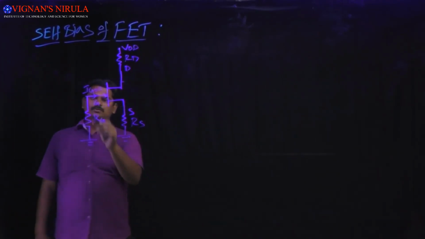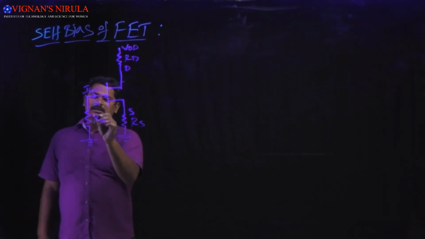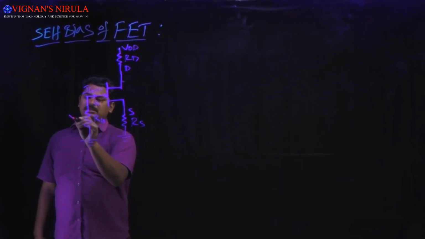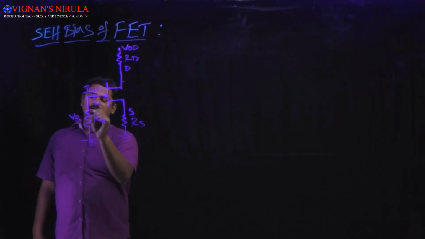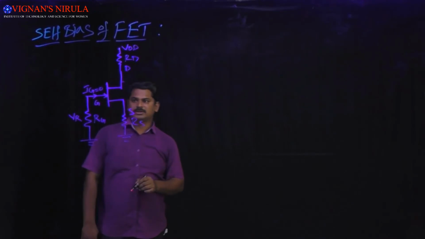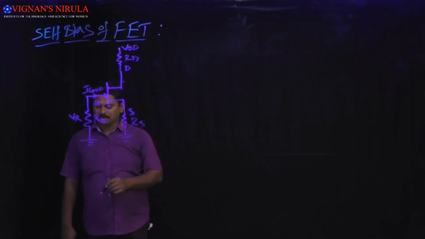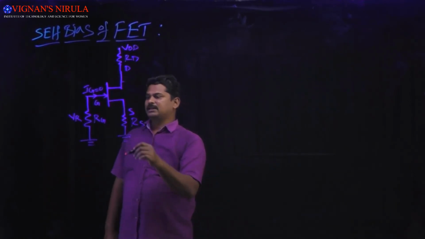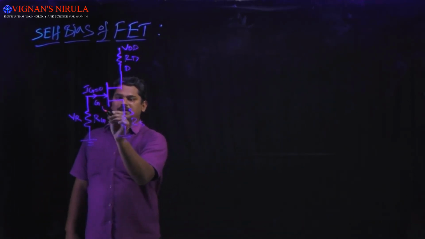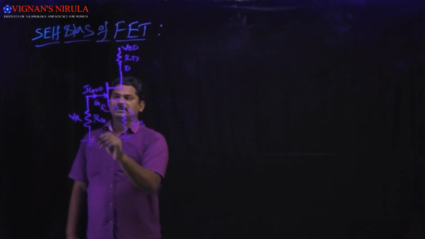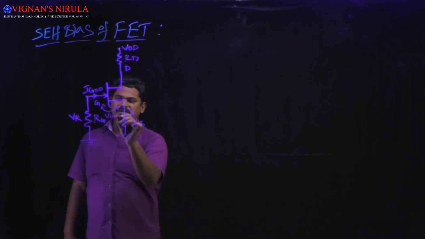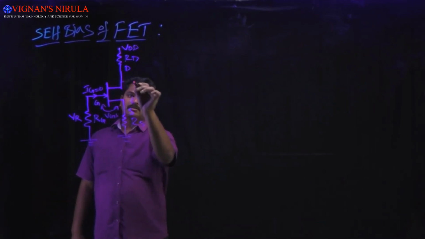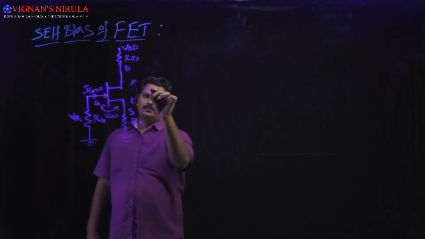So due to this effect, the voltage drop at VR will also be equal to 0. So VGS is the voltage across the gate and source, and the voltage across the drain and source is VDS.